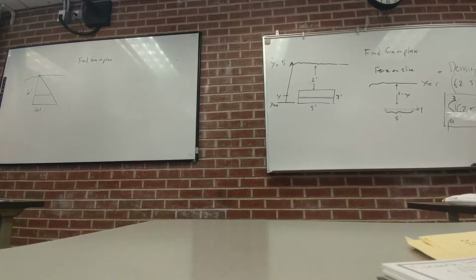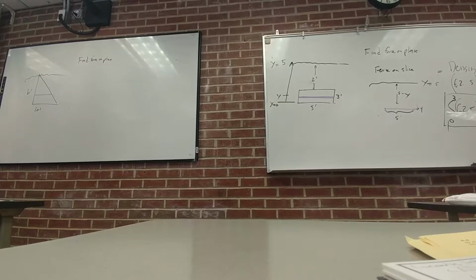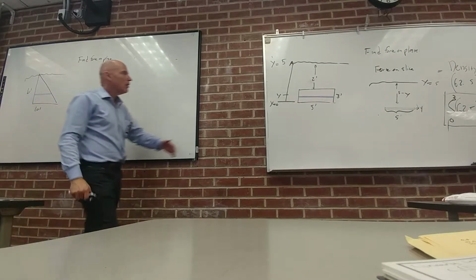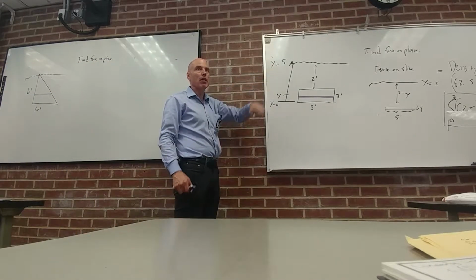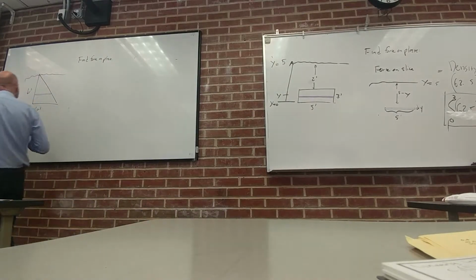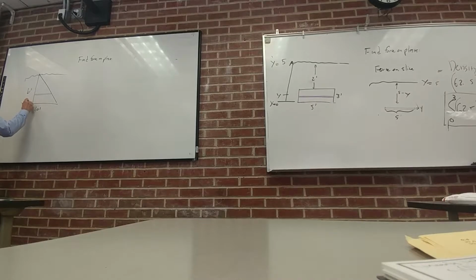And do you see that when I'm doing the area calculations, I'm going to have to keep track of a horizontal distance, and when I'm doing the depth calculations, I'm going to keep track of a y distance? And so that means that instead of just a y-axis, I'm going to need an x-axis and a y-axis for this problem. So the first thing you want to do is introduce your coordinate system.